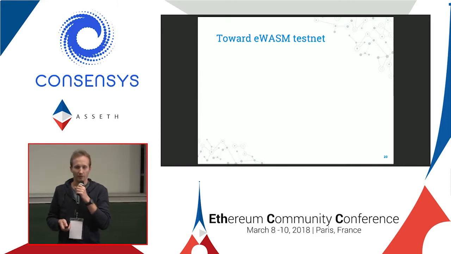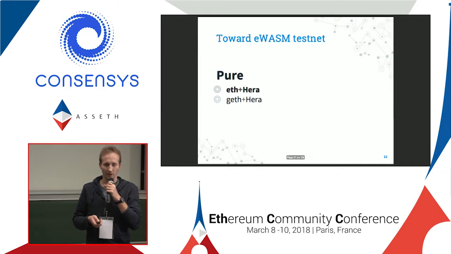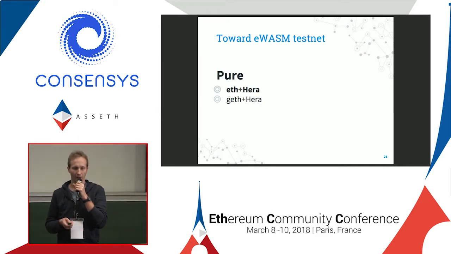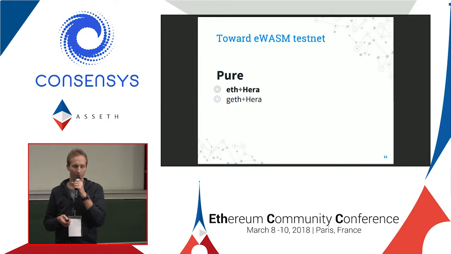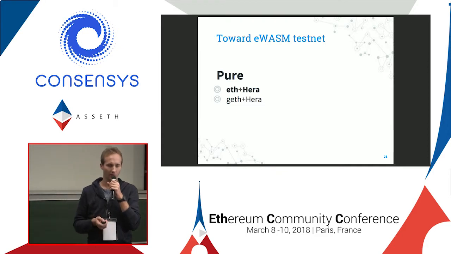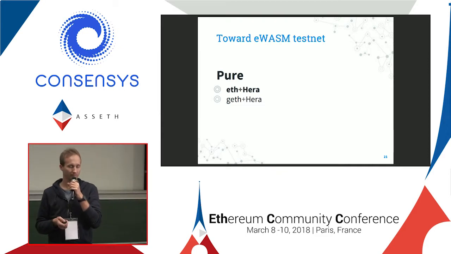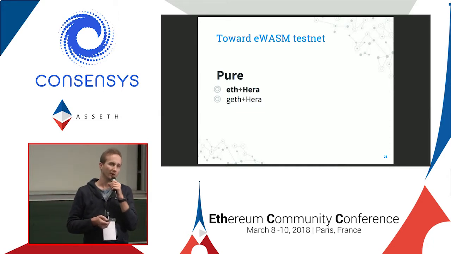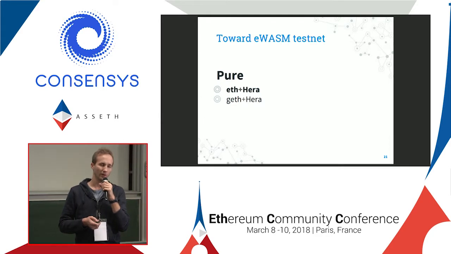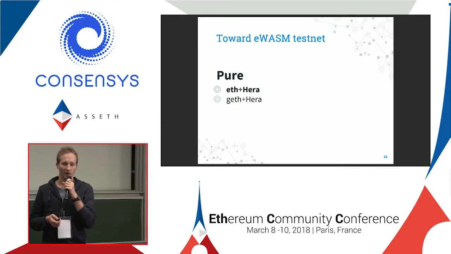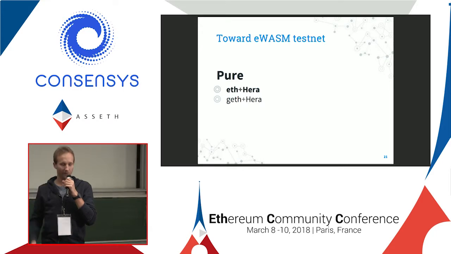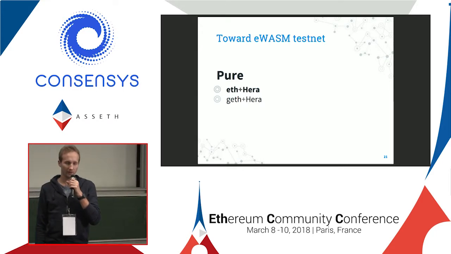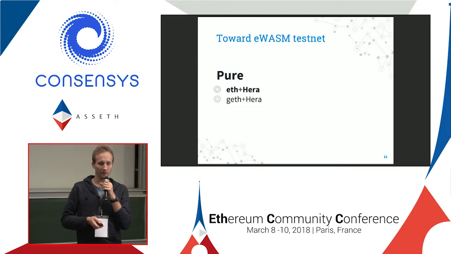And what does it mean for testing EWASM? If you'd like to go with a pure testnet that can run only EWASM contracts, we're going with a C++ client with the Hera VM implementing EWASM, but the Geth client with EWASM is also close enough to be considered as a target.